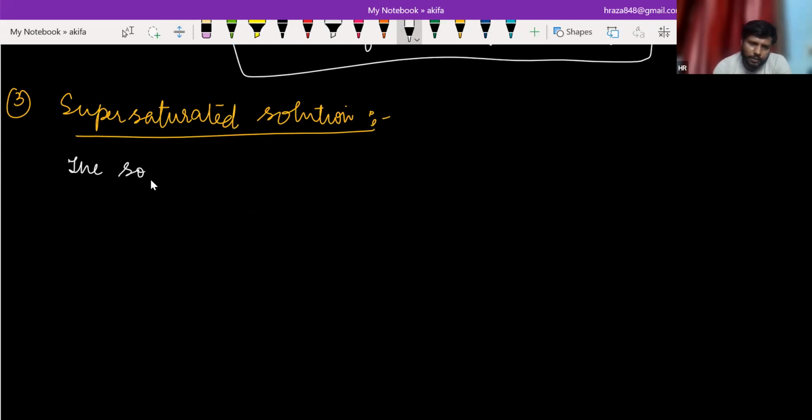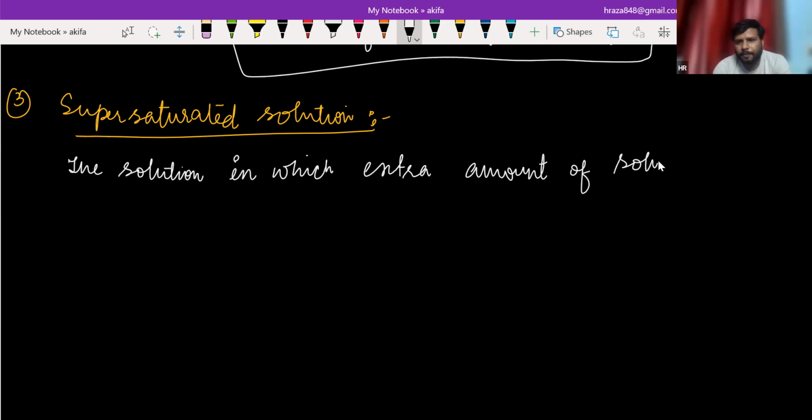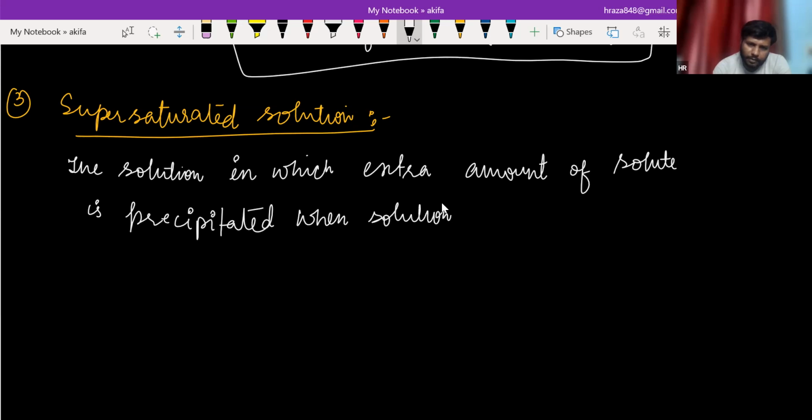The solution in which an extra amount of solute is precipitated when the solution comes to rest.